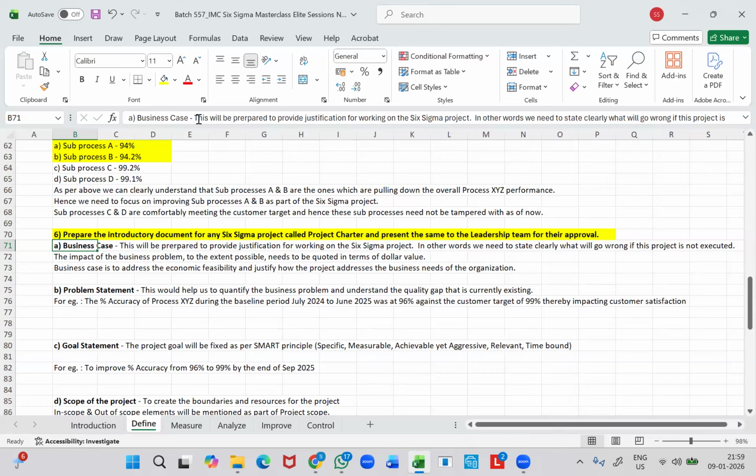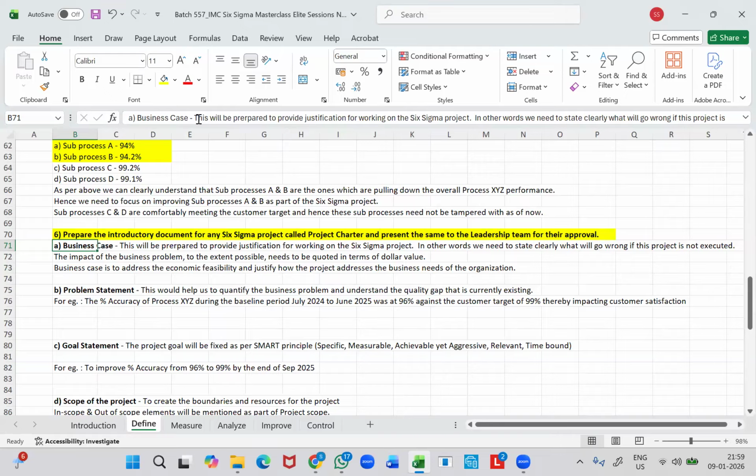When you provide justification, it's important for us to provide the impact part of the business problem in terms of dollar value. As I told you, the top management of any organization will be able to understand only one language, that is the dollar language.